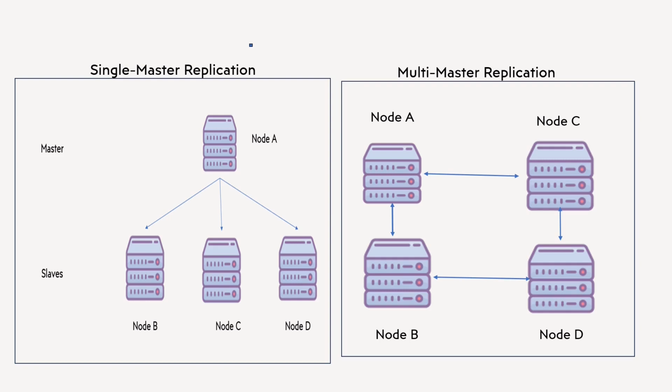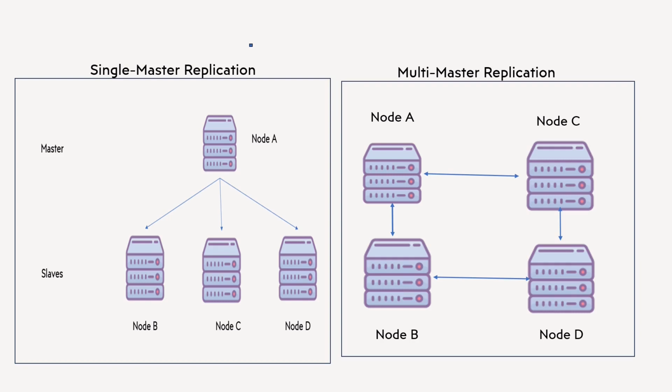So for those applications which prefer higher performance and availability rather than consistency, we use multi-master replication. In multi-master, there is no single master, right? All the nodes can take up write requests, and they are responsible for making sure that other nodes are able to update that data.